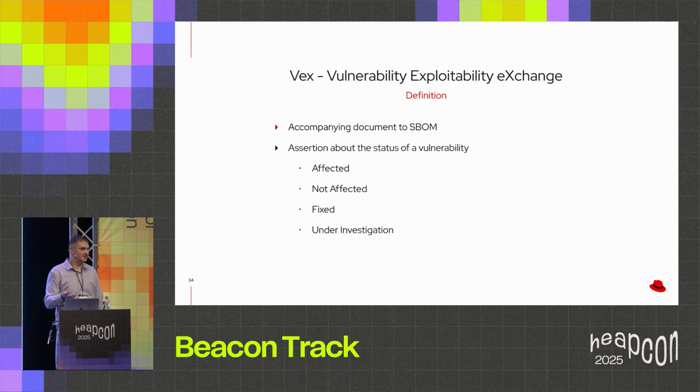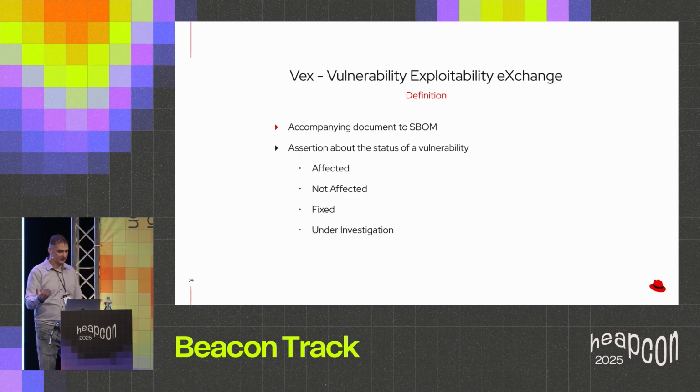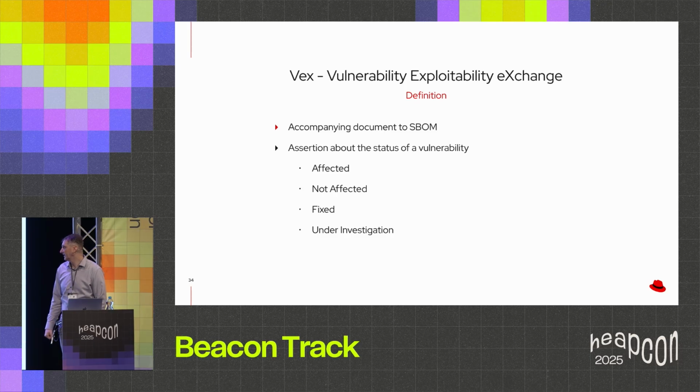But maybe that thing is not exploitable in your product, because you're not using a certain feature, or you're not configuring it in a certain way. So this is also a way for security teams to advertise the state of their product based on their vulnerability analysis.